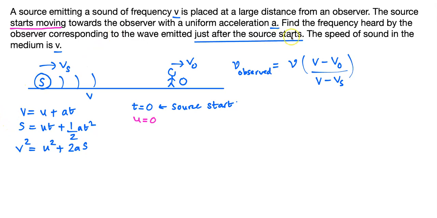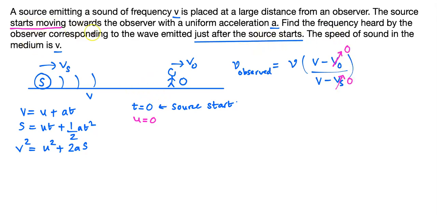We have not been told anything about the observer, so the observer can be assumed to be stationary. So at t equal to 0, vo is going to be 0, and vs is also going to be 0 because the source has just started moving.